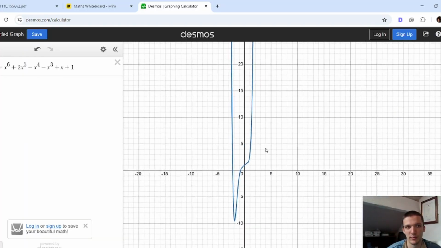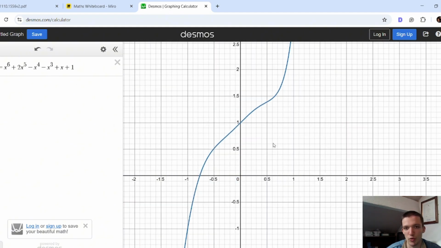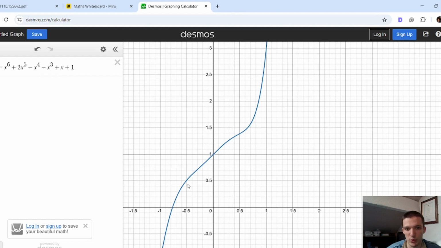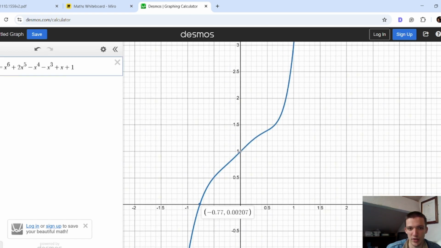Here it is. This is y equals x to the 6 plus 2x to the 5 minus x to the 4 minus x to the 3 plus x plus 1. And we're really interested in the range between minus 1/2 and plus 1/2, so just down here and here. And you can see this never equals 0. 0 is down here. The root of this equation is actually here, so minus 0.77 or so.